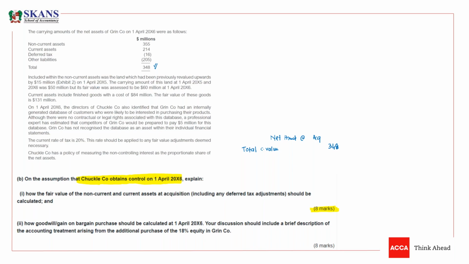There is no depreciation requirement on land. So if the carrying value of land is 50 on 1st April X6, the date of acquisition, and the fair value is 60, what is the fair value adjustment? So guys, we need a fair value adjustment of 10.